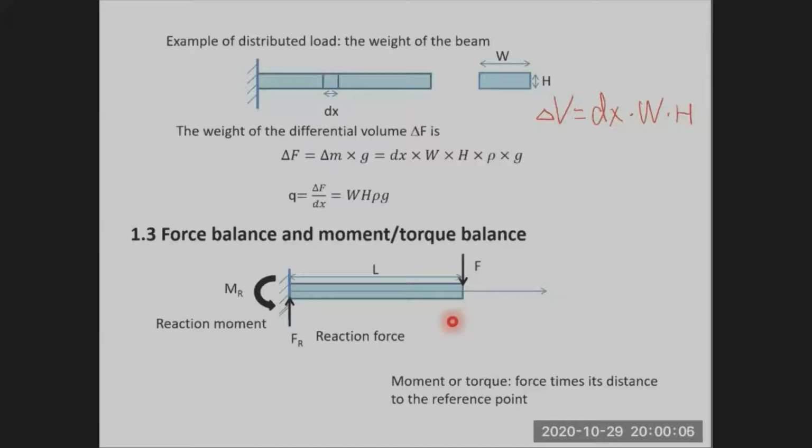How does a cantilever reach equilibrium? Based on Newton's law, first, there must be a reaction force that counteracts F. And this reaction force, Fr, can only occur at the fixed support, at this anchoring point.